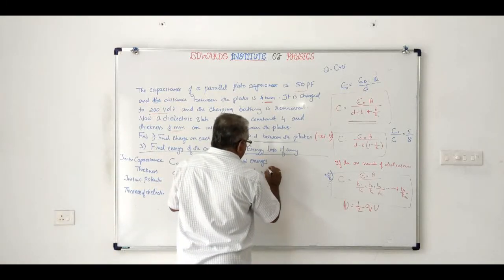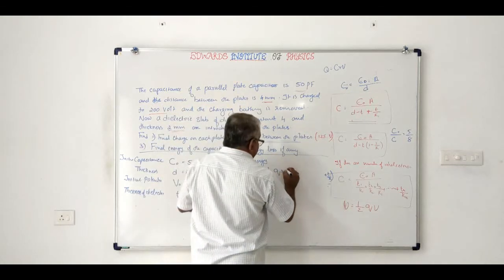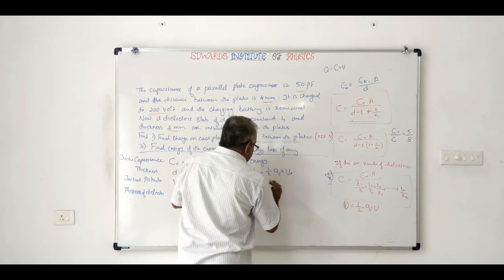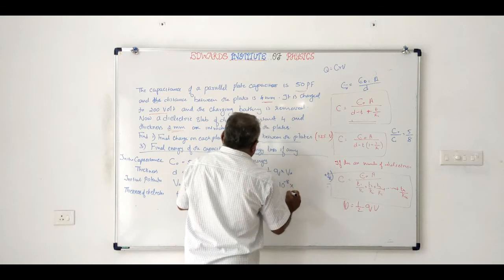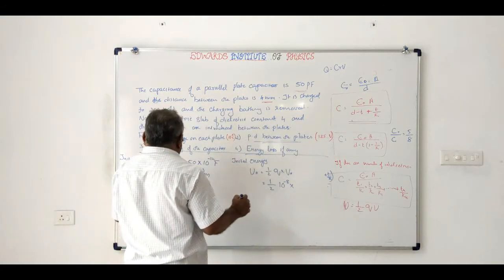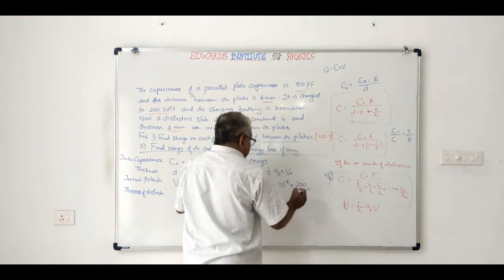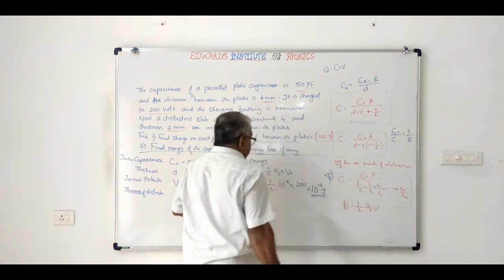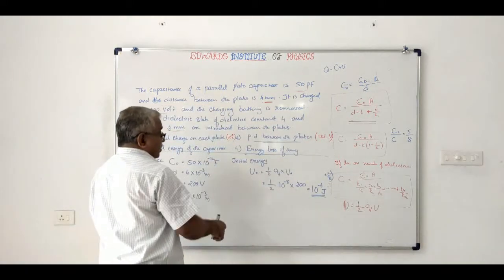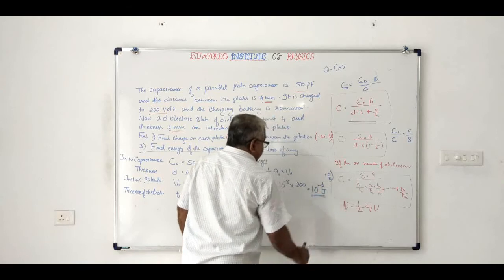U0 will be equal to half into Q into V0. Q is 10 raised to minus 8, and V0, the initial potential, is 200. So it will be 10 raised to minus 6 joules.